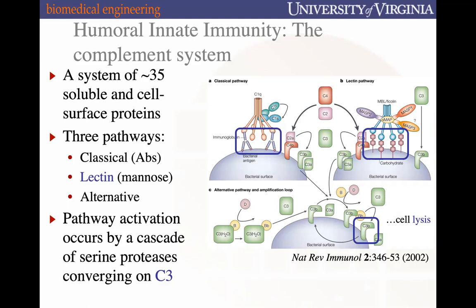I can remember spending a lot of time trying to memorize each single one, how they bind together, and I don't want you to get distracted with that, but rather the big picture is that there are 3 pathways to complement, and they get triggered by different molecules, and that one of them, the alternative, is an amplification that helps convert more C3 to C3b.